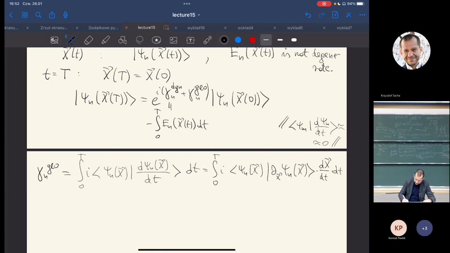That's time. But that means that we can get rid of time, because what we have is an integration over a certain period, but our system starts from a certain value of the parameters, and at the end it comes back to the same value. So that can be reduced to the following integration over the curve in the parameter space.